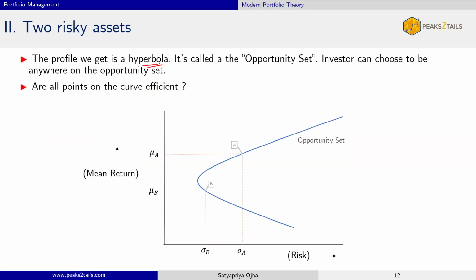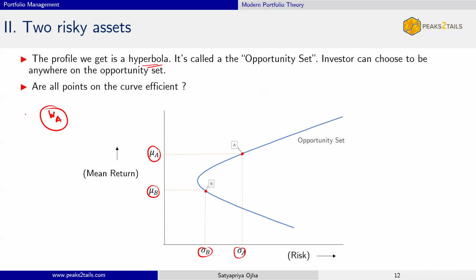It's a hyperbola. So A is here, sigma A, mu A. B is here, mu B, sigma B. And when you take a combination of A and B by changing the weight WA on any asset, you get various portfolios. So here I'm assuming short position is allowed.